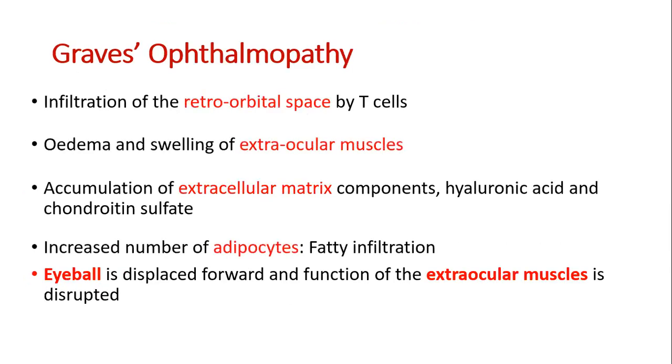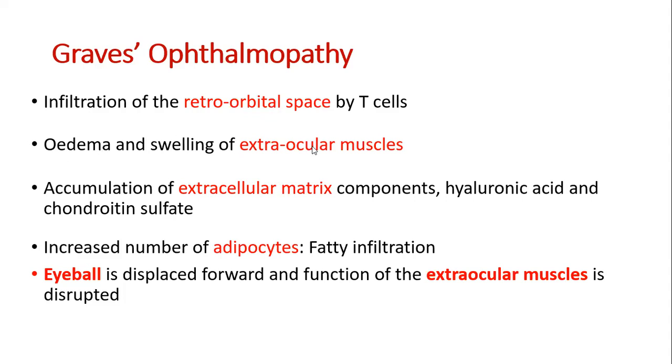Very important: Graves' ophthalmopathy, the detailed pathogenesis is given here. Infiltration of the retro-orbital space by T cells because of the immune stimulation causes inflammation, edema, and swelling of the extraocular muscles. But over time, because of inflammation, there is accumulation of extracellular matrix components, hyaluronic acid and chondroitin sulfate deposition, that makes the ophthalmopathy, the protrusion of the eyes, the exophthalmos, more permanent.